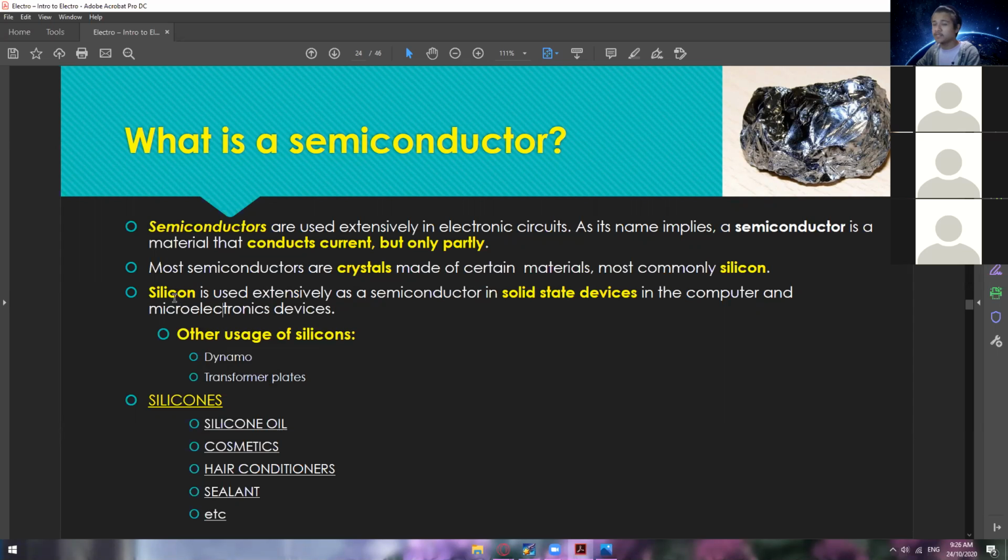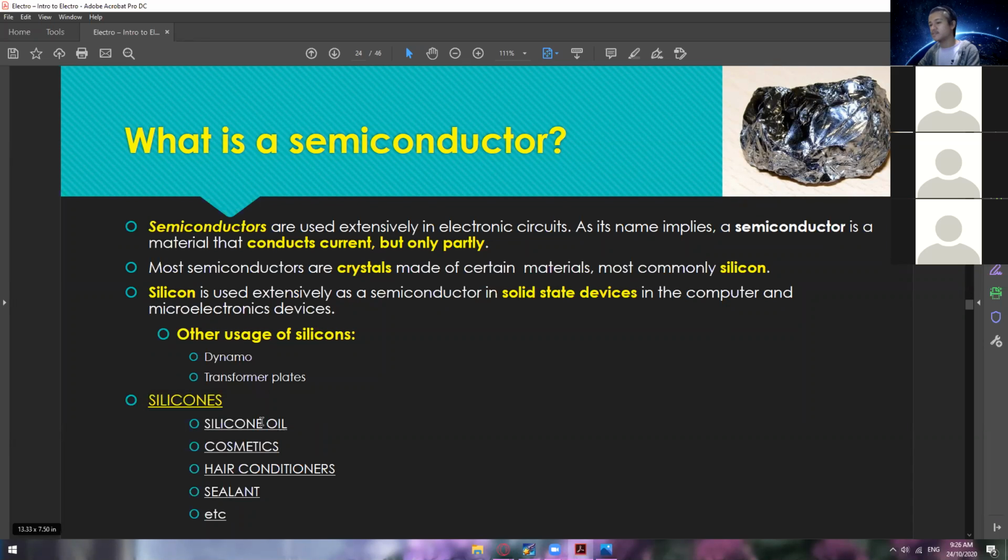Take note, silicon and silicones are two different things. Silicon is the element, a single element. Silicones are already another thing which combines with other elements.